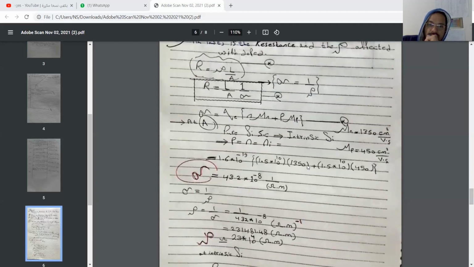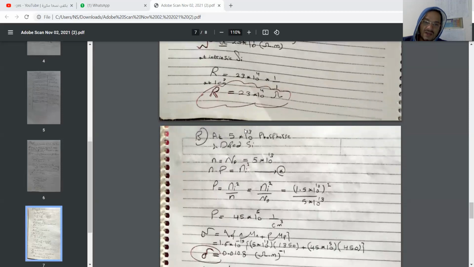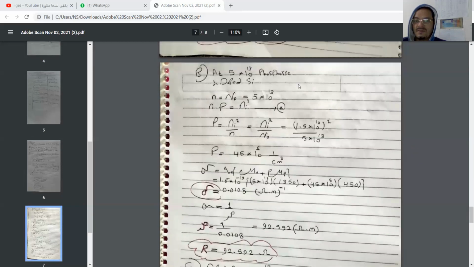Yes, by using this relation, the resistance has a relation with the resistivity and with the conductivity. Now let's go to the silicon doped with phosphorus.